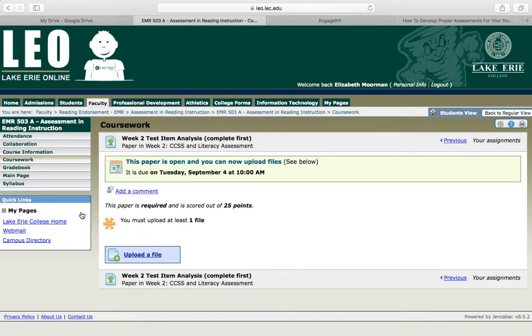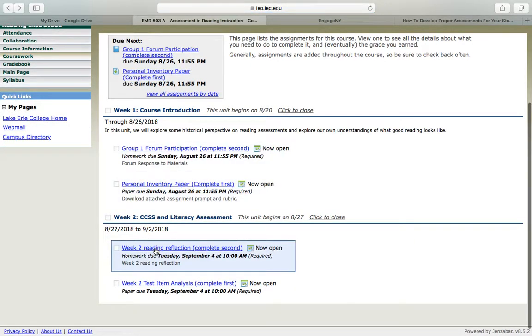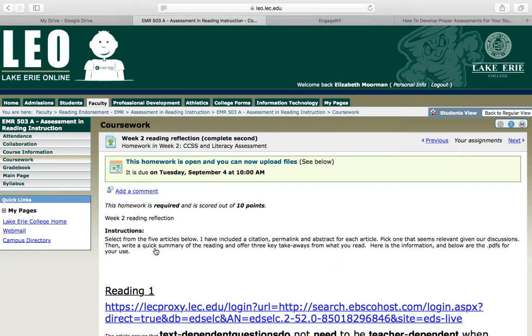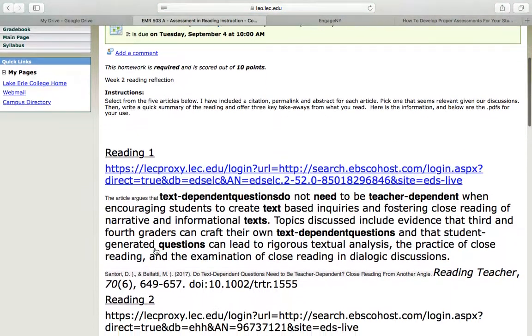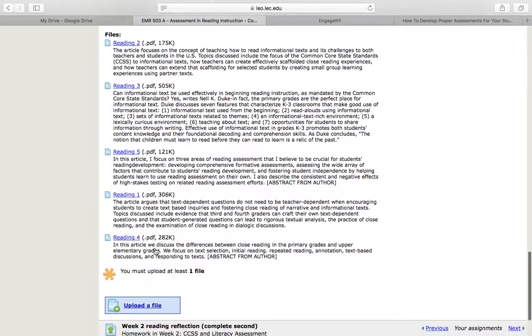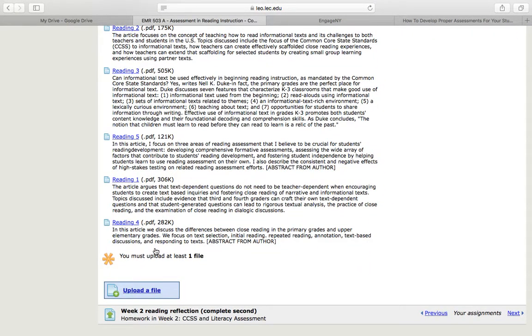And then the other thing that you have is a very quick reading reflection. For the reading reflection, I actually have 5 different articles, and I have them PDF'd. I also have them linked so that if you wanted to get your own copy on EBSCOhost, you can use your Dropbox or whatever to save them.